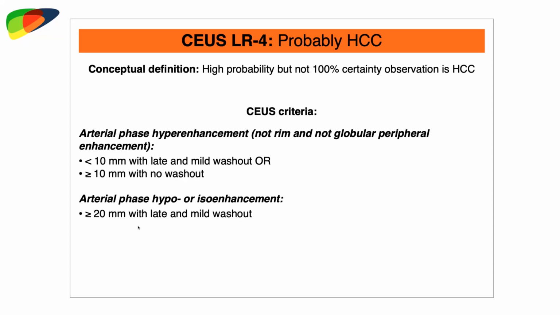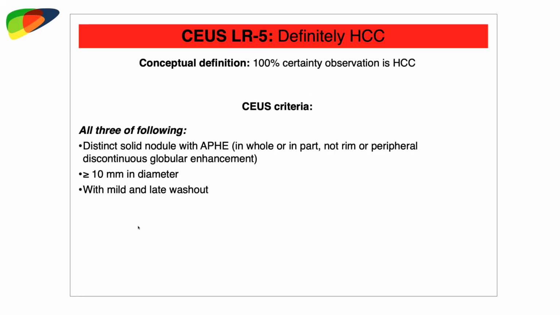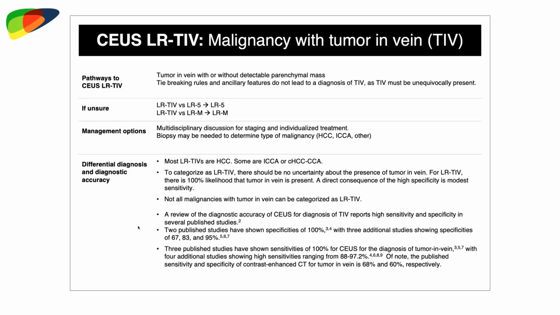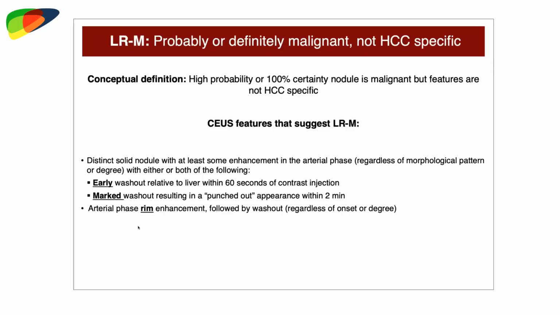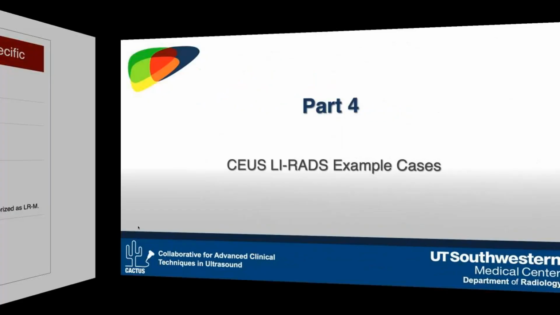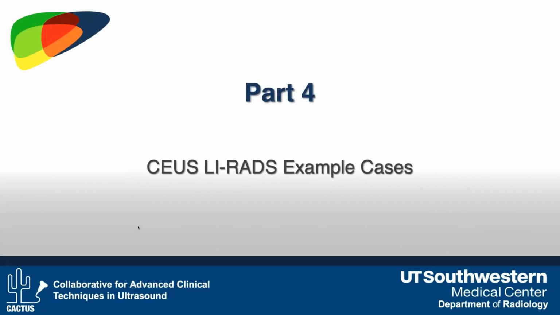LR4, again, probably HCC, but not 100%. And LR5, definitively HCC, similar to CT and MRI. Again, we have some criteria for tumor in vein and management guidelines, and LRM and its management guidelines. But instead of reading these to you, I'd like to instead go through some case examples.